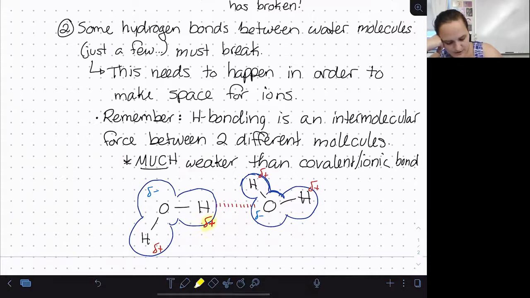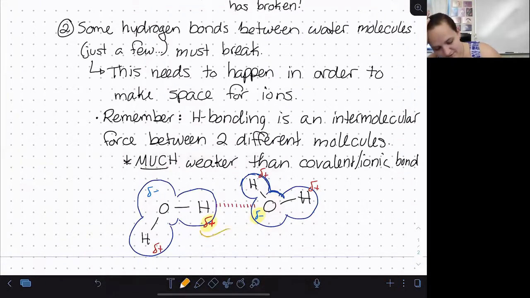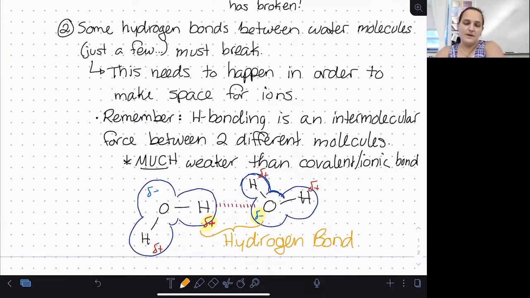So this is the basis for the hydrogen bond, that opposites attract. Opposites attract is so central to so much of chemistry, but recognizing that this positive thing is going to be attracted to this negative thing, and that's all a hydrogen bond really is, this attraction between two different particles of opposite charges.